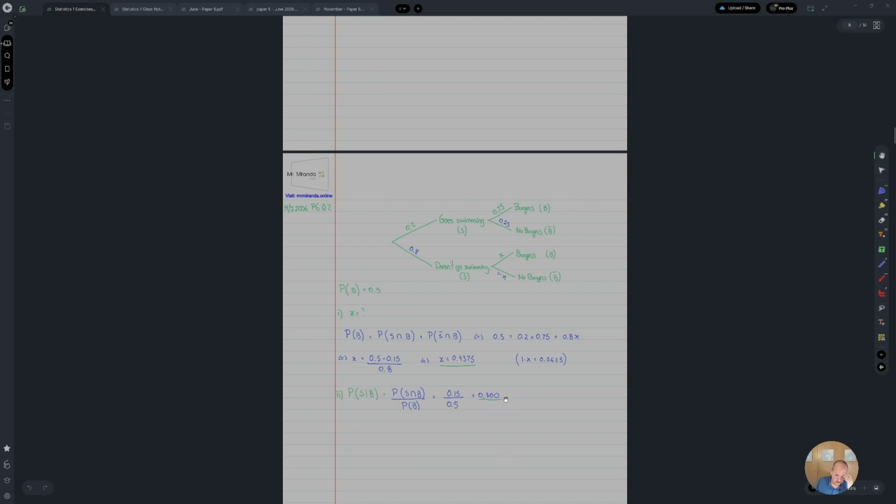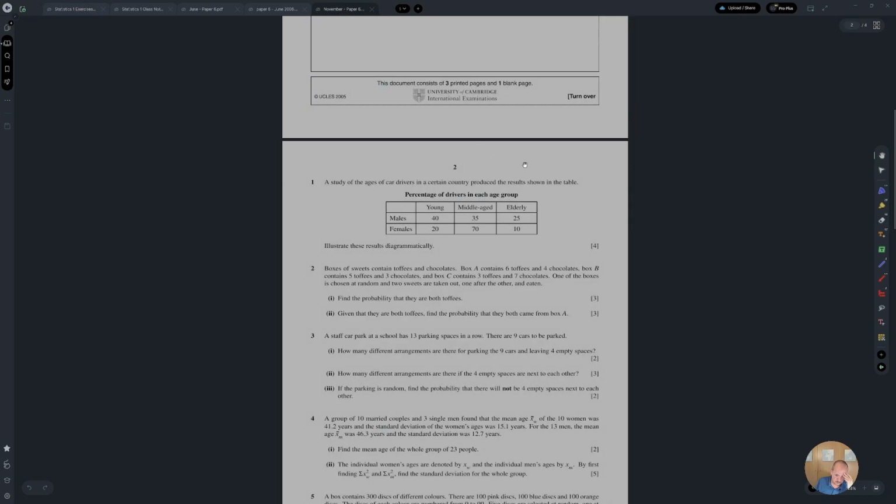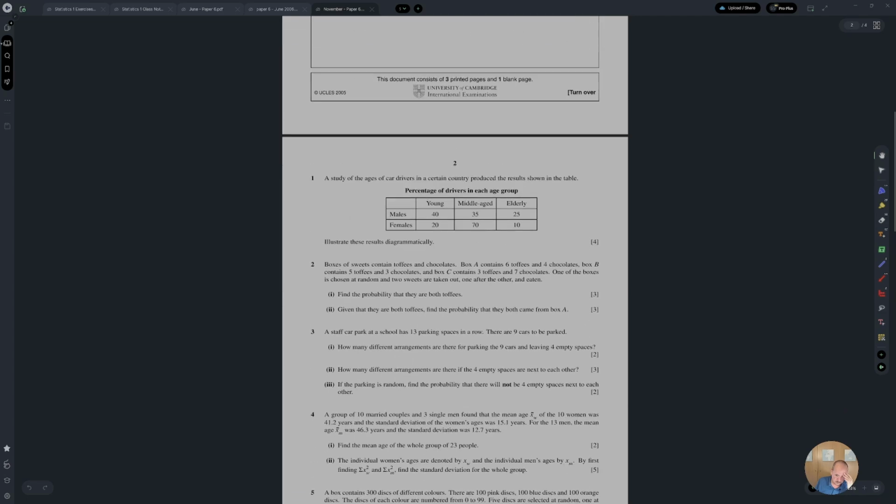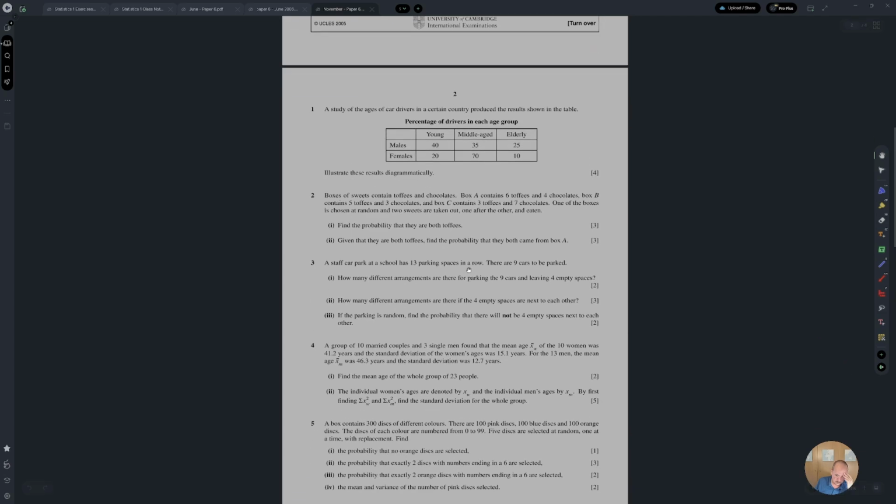All right, so very simple question overall, this one. Next one is from November 2005, and it's question 2. Boxes of sweets contain toffees and chocolates. Box A contains 6 toffees and 4 chocolates.